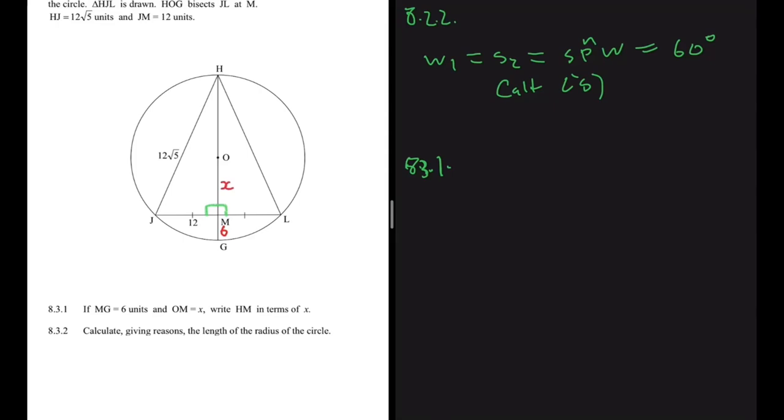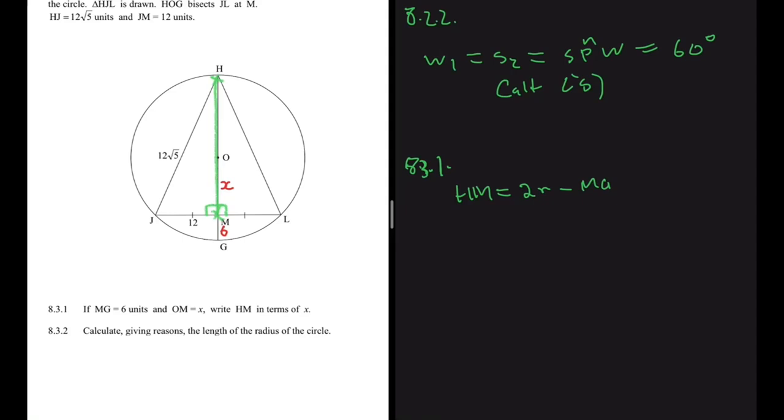Write HM in terms of X. So let's look at HM. H starts here and then it goes down to M, right? So we want the length of HM in terms of X. HM is basically equal to 2 radius minus MG, right?